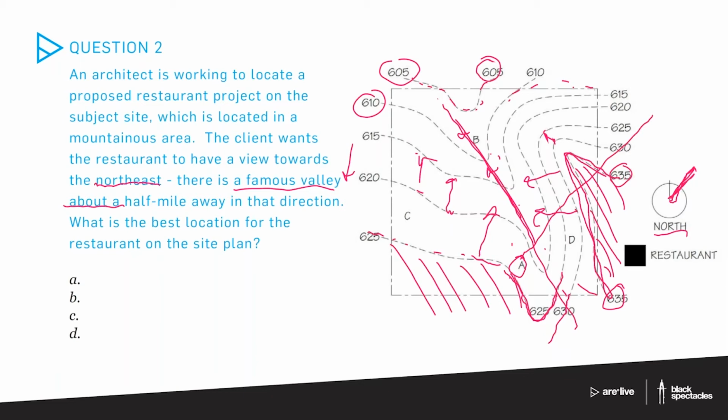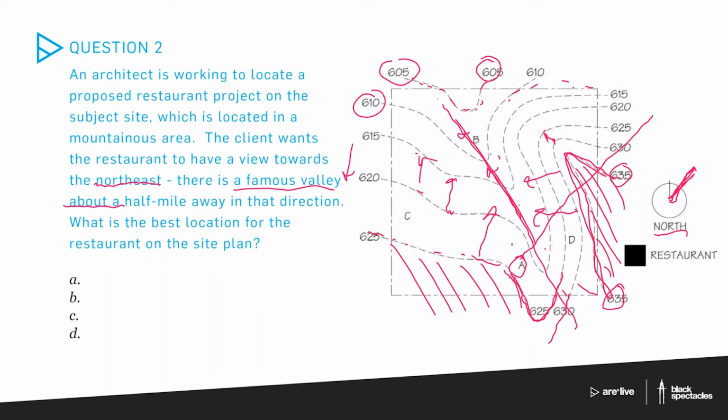And if we're between 620 and 625, the building will be maybe at 622 or something. We've got a hill that's at 635, that's 12 or 13 feet above this building. So that hill in my mind is definitely going to block your view of this valley that the client wants. So choice A is probably not the best choice.